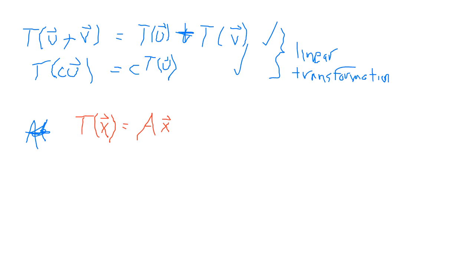We're used to taking a vector X and multiplying it by a matrix A, assuming that is a linear transformation. Now, why is that?